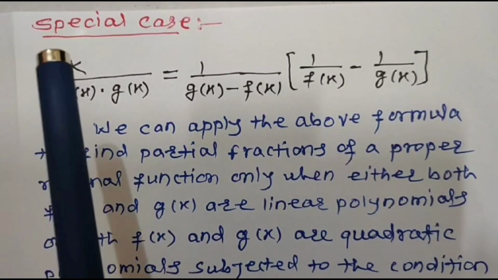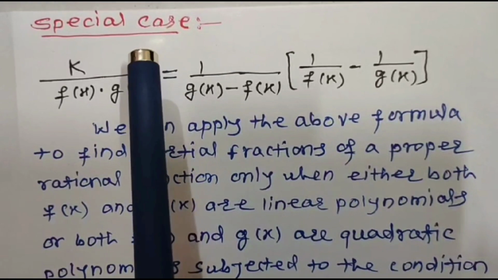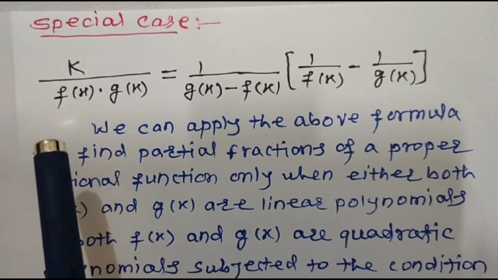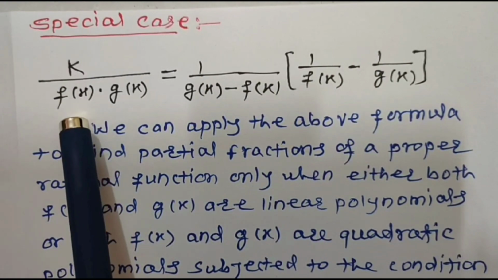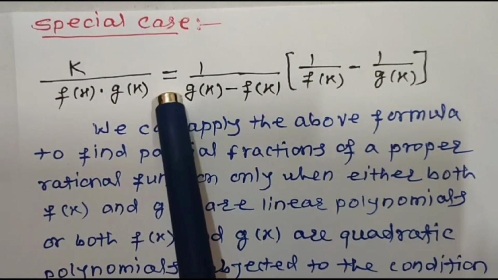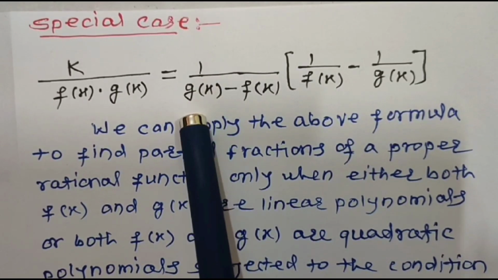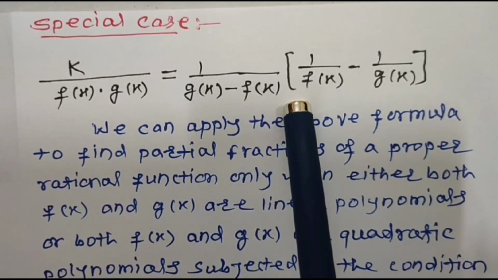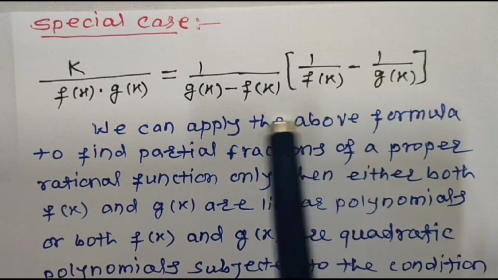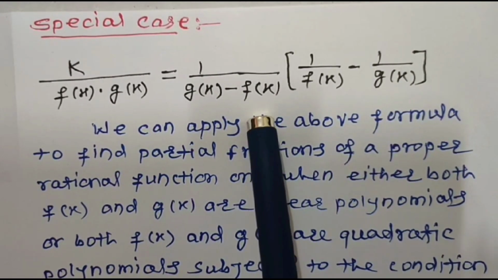Now we have to learn about a special case, or we can say a special formula. Suppose the numerator is constant and the denominator is a multiplication of two functions, f of x and g of x. Then this is equal to, we can write, 1 upon g of x minus f of x into bracket 1 upon f of x minus 1 upon g of x. This is also one of the formulas for finding partial fractions.